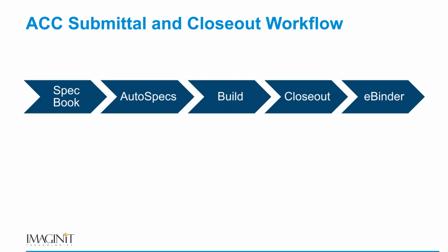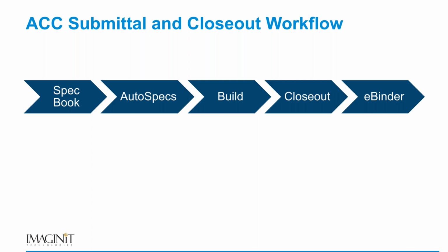So, a really quick look at the workflow that we'll be discussing today with the solutions provided. Essentially, when we receive a spec book, we can upload that spec book to AutoSpecs. As Alan mentioned, there are some really nice tools in there that use OCR recognition. If we upload a PDF, it also accepts Excel and spreadsheet formats, to create your submittal registry.